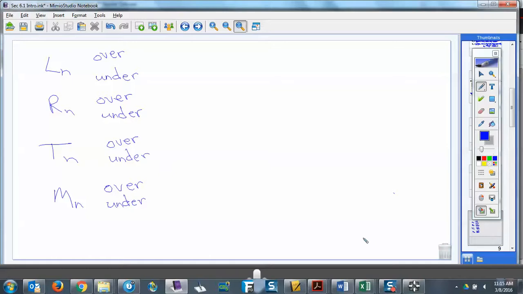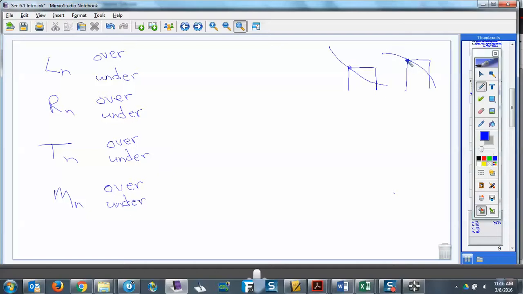So, when is a left rectangle going to be an overestimate? When the graph is what? Concave up. When will the left be over? I heard concave up and I heard decreasing.